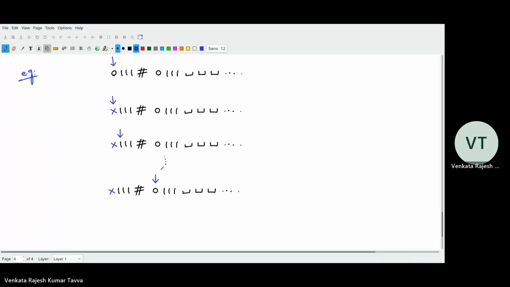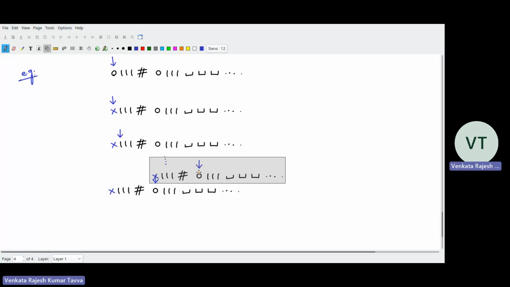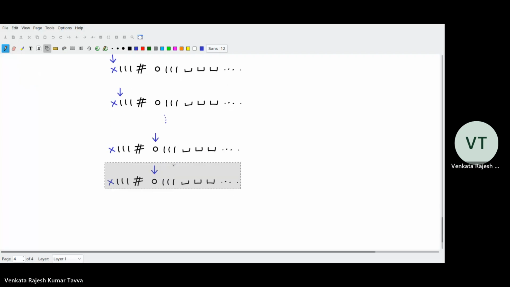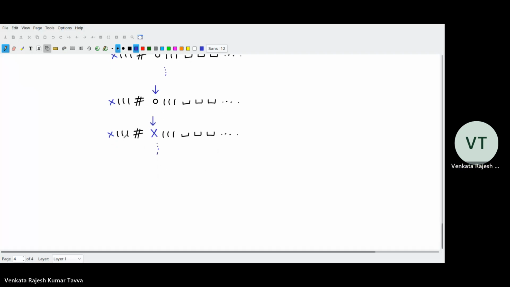I will cross it, and I will keep moving left until I reach the first cross that I see while going left.